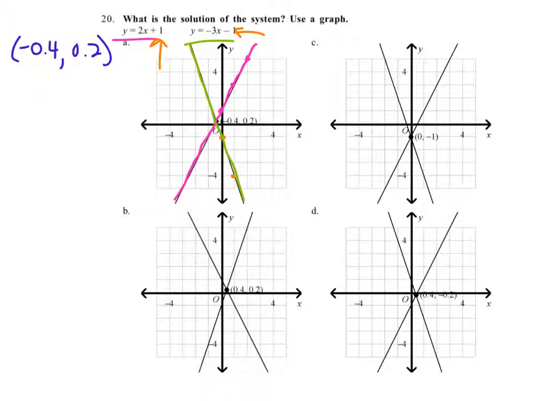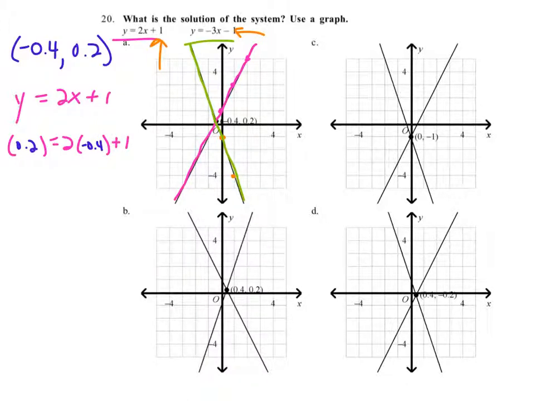I will take the pink equation, y equals 2x plus 1, and I will substitute in for y 0.2, and for x, -0.4. And of course we have the plus 1 at the end.